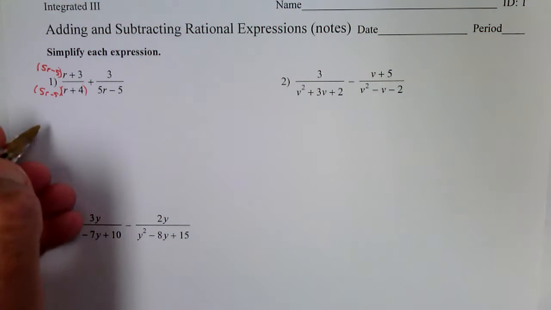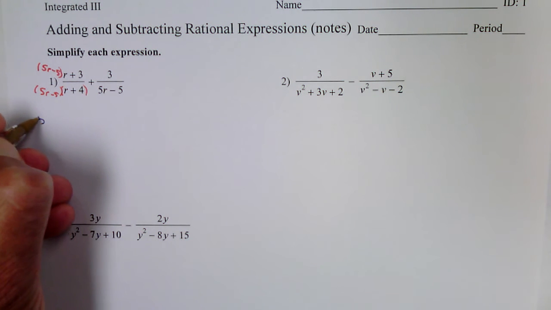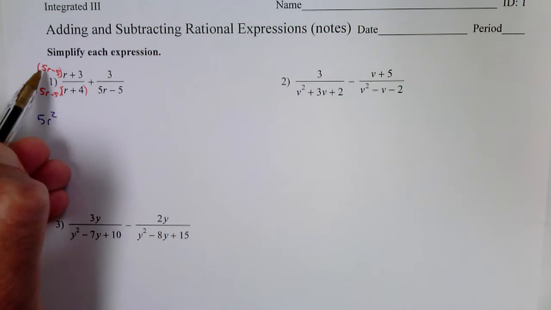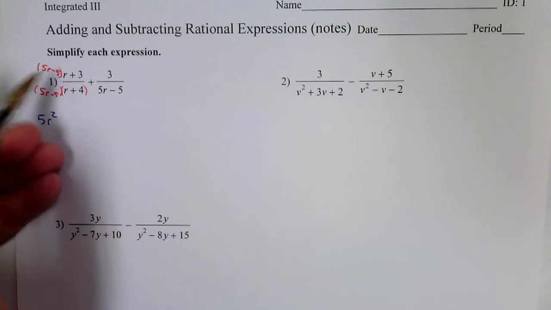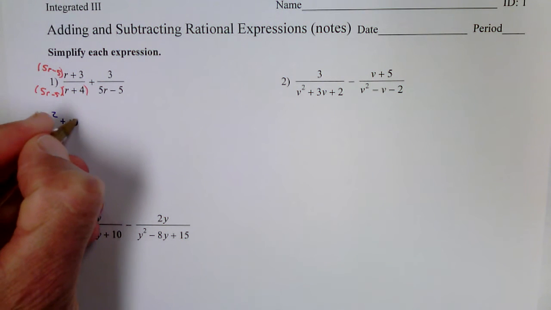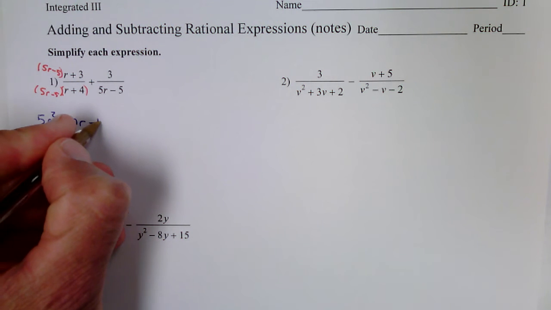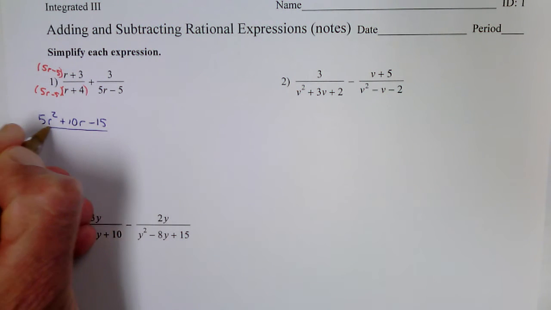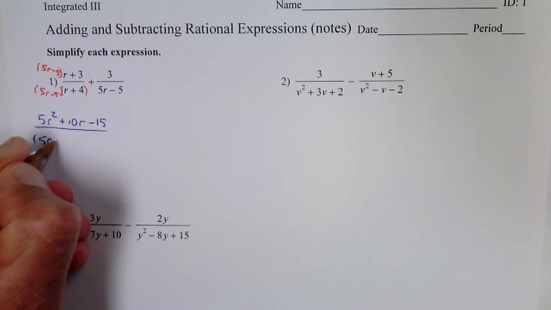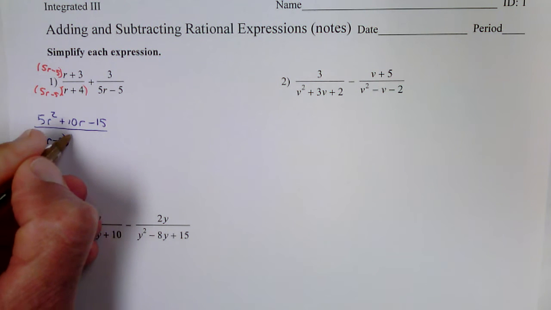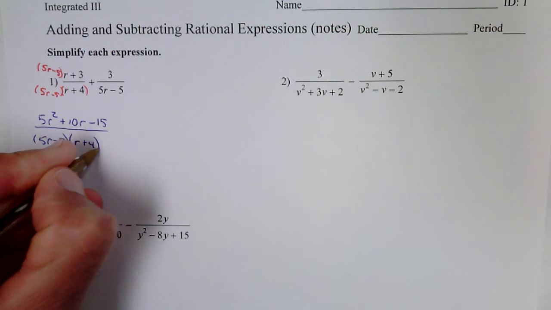And then when we do all the multiplication, we get 5r squared plus 15r minus 5r is plus 10r minus 15. And all of that is over 5r minus 5 and r plus 4.